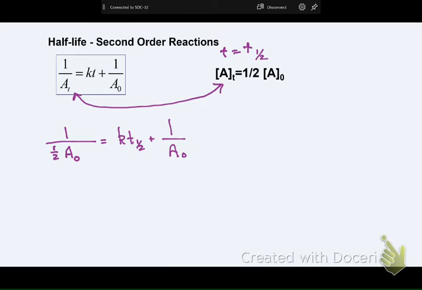So I'm going to rearrange this. I'm going to get k t 1/2 to one side, and I'll get the A terms together.